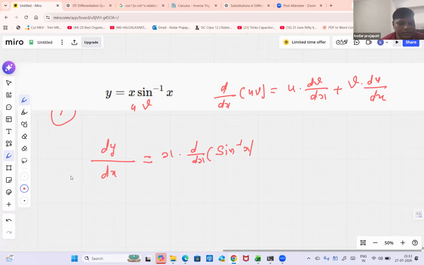Plus, now I will take v outside, meaning sine inverse x, then d by dx of x is remaining.